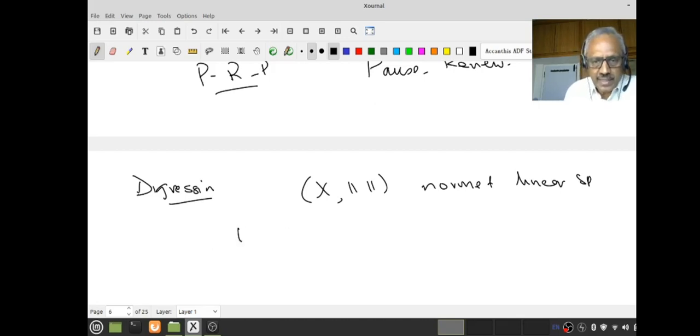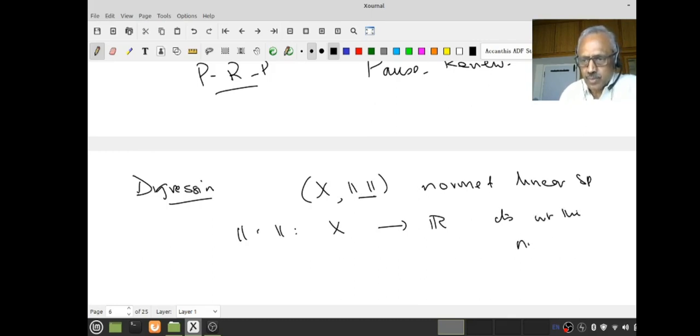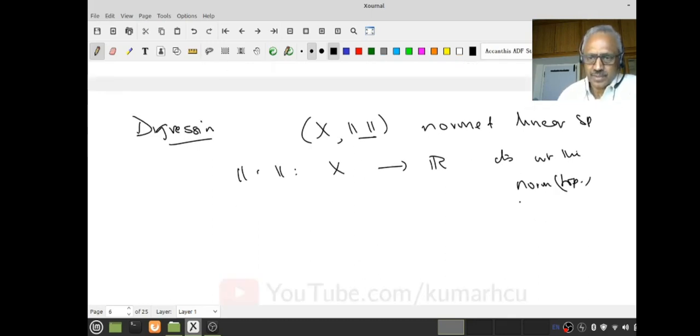Then I can consider this norm as a function from X to R. Remember, this is a normed linear space, therefore there is a metric and hence there is a topology. This function is continuous with respect to that topology, with respect to the norm topology. That is with respect to the norm itself, because the norm gives rise to a metric, with respect to the metric. This is the usual thing.